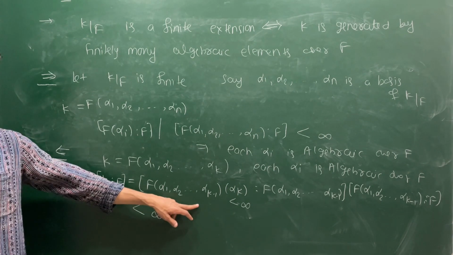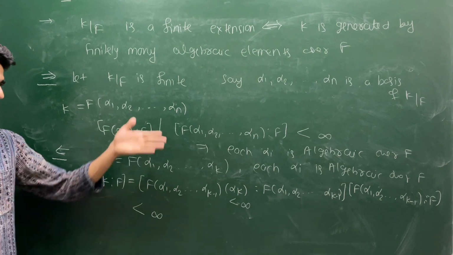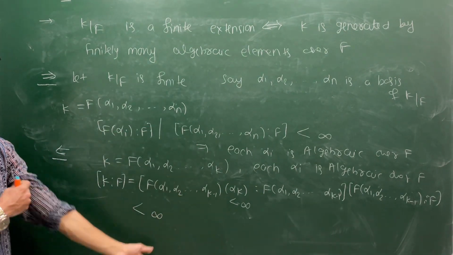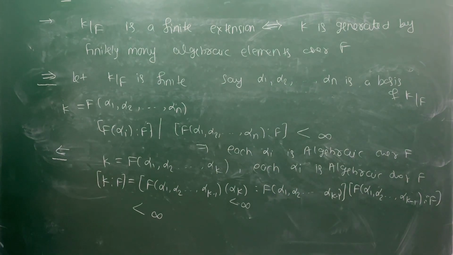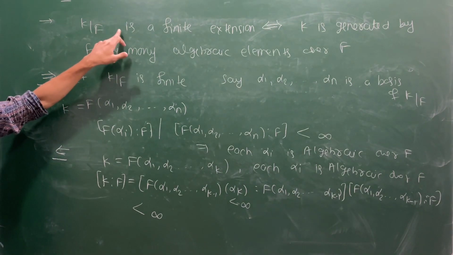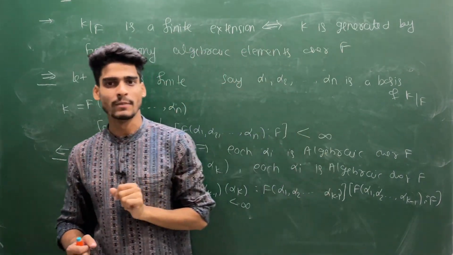I hope you got the idea how to prove this. Actually, I have already given you the complete proof. You just need to write 3 or 4 steps formally. So K over F is a finite extension if and only if K is generated by finitely many algebraic elements.